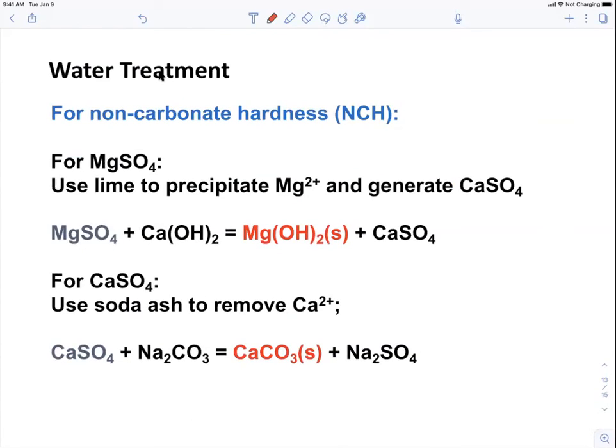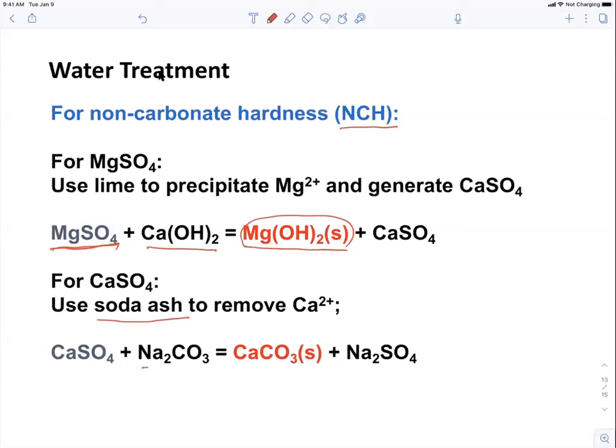So we can similarly use the lime species to remove the non-carbonate hardness. Okay, so for example, if there are magnesium sulfate, we can use the calcium hydroxide, and then we can also form the sedimentation, right? Form this solid magnesium hydroxide here. Or we can use soda ash.